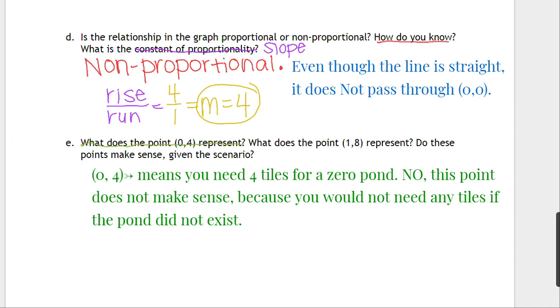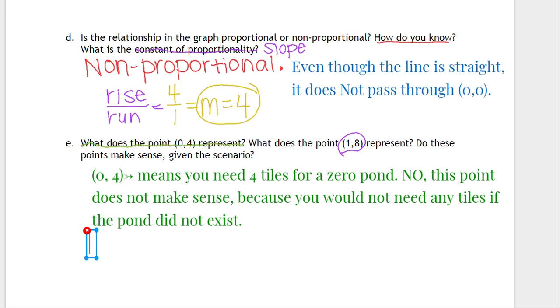Then we've also got this second question that says, what does the point 1, 8 represent? So let's type this one also. So this one is 1, 8. And this means that you need 8 tiles for a 1 by 1 pond.